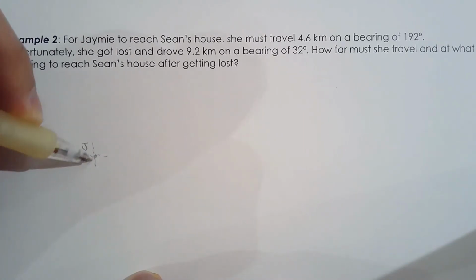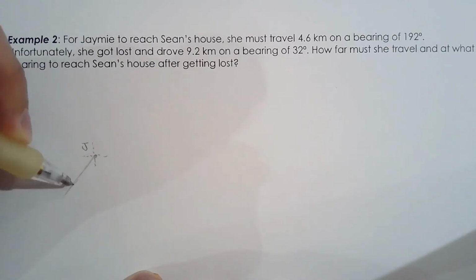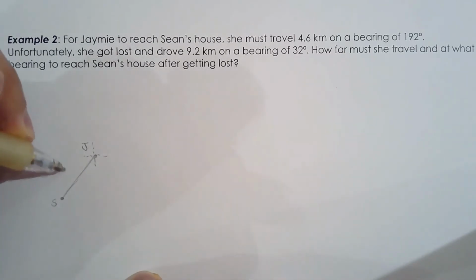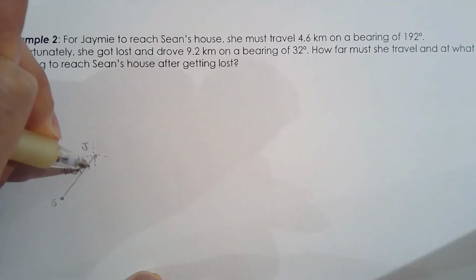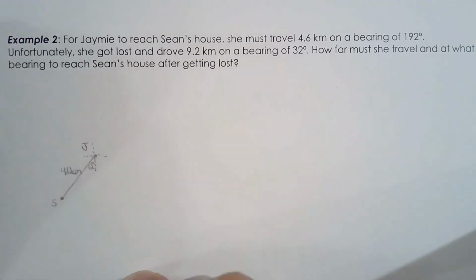So let's say she's supposed to go in this direction to get to Sean's house, and that was 4.6 kilometers. And so this little angle here is 12 degrees.